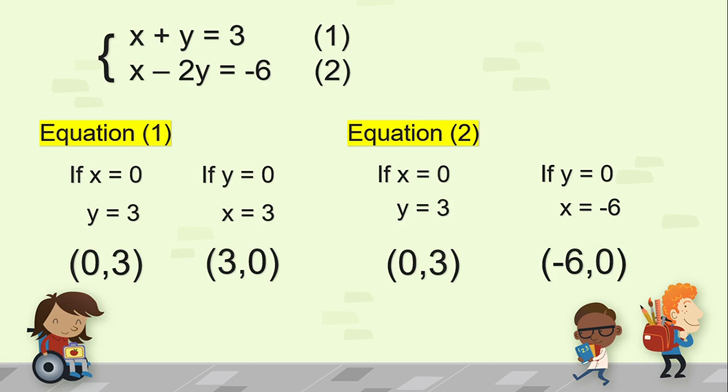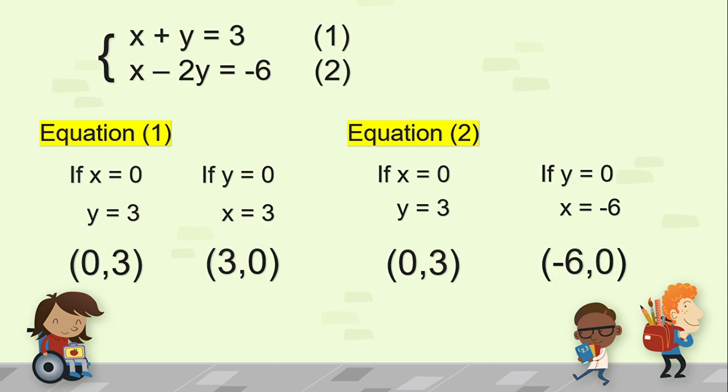How did we get that? By getting the x and y intercepts. If we are going to get the y-intercept, x is equal to 0. And if we are going to find the value of our x-intercept, then y is equal to 0.